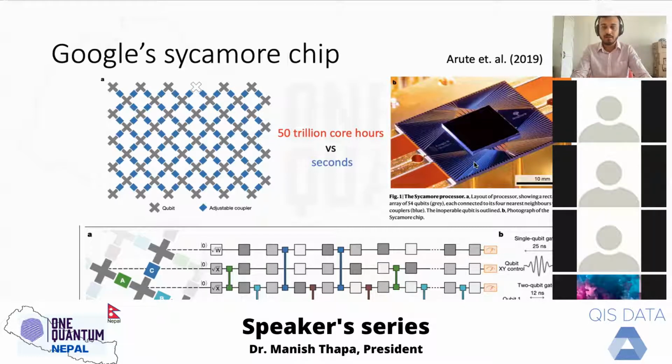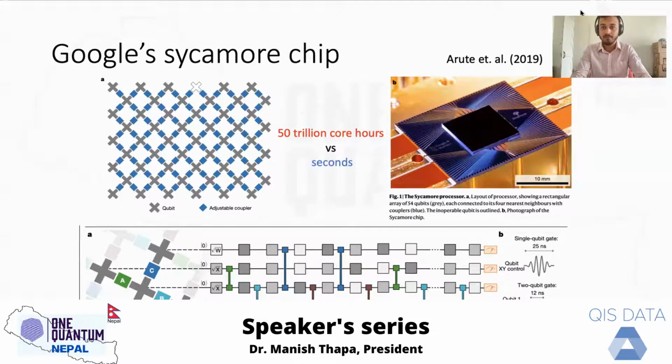It was very interesting for all of us, because this was the first time they demonstrated that you can do a task on a quantum computer that a classical computer, even a supercomputer, cannot do in years. To do this particular task, a powerful supercomputer would take 50 trillion core hours.